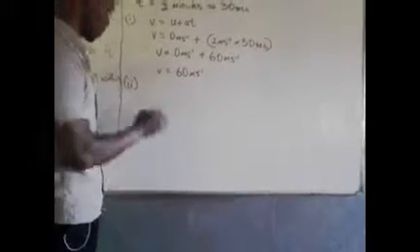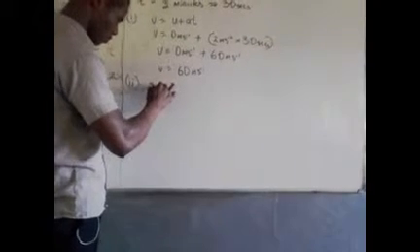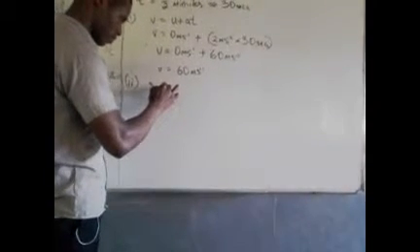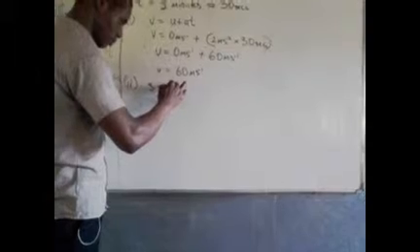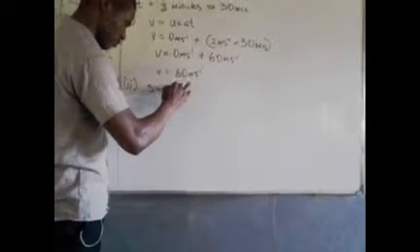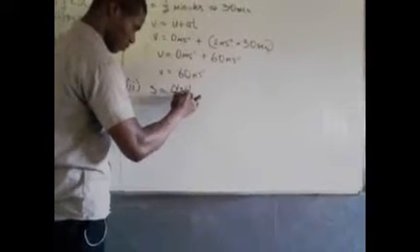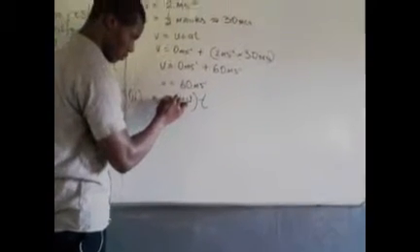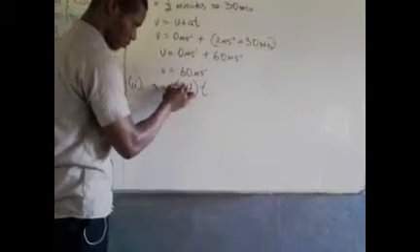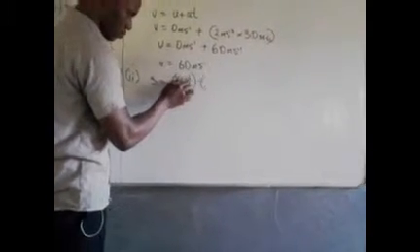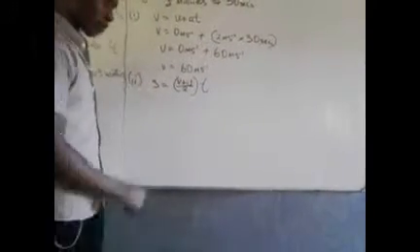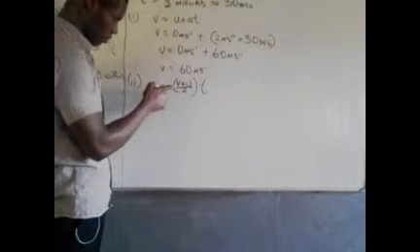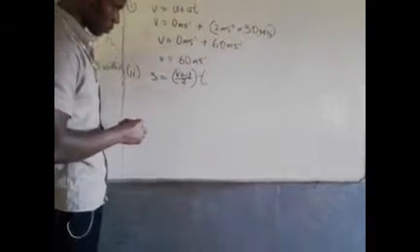So S equal to open bracket V plus U all over 2 bracket T. We are looking for distance or displacement covered during that time, and in calculation we can use distance and displacement interchangeably.